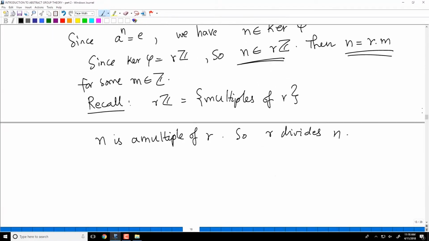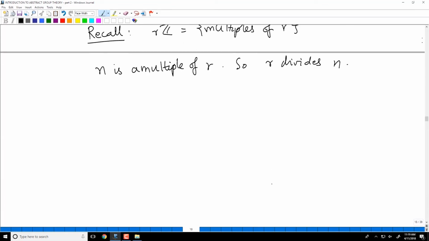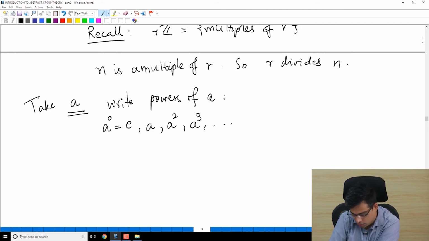Keep in mind that if the element has order R and a power n is identity, then R must divide n. Basically, take A and write powers of A. So you have A power 0, which is identity. Then you have A squared, A cubed.